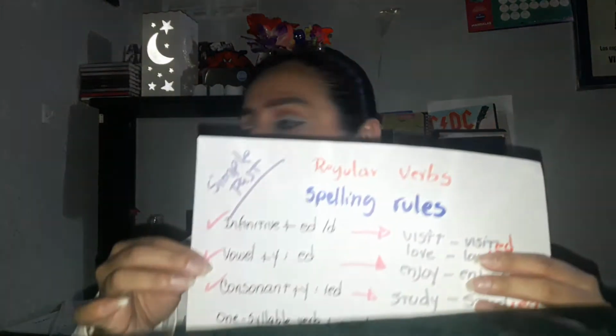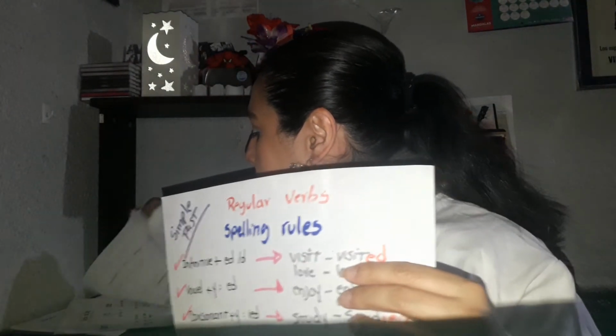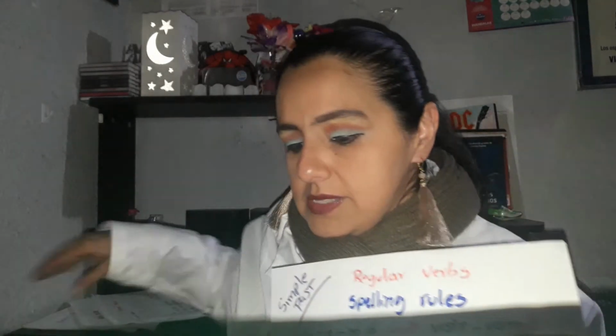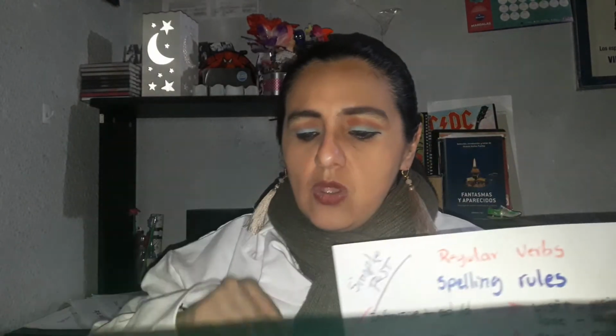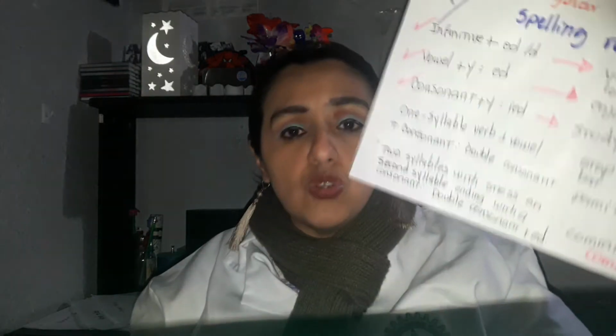Pay attention. What is the activity for today? These are regular verbs, okay? And we have these irregular verbs. What is the activity? You use two regular and two irregular verbs, and make affirmative, negative, and interrogative sentences with each one of them, okay?